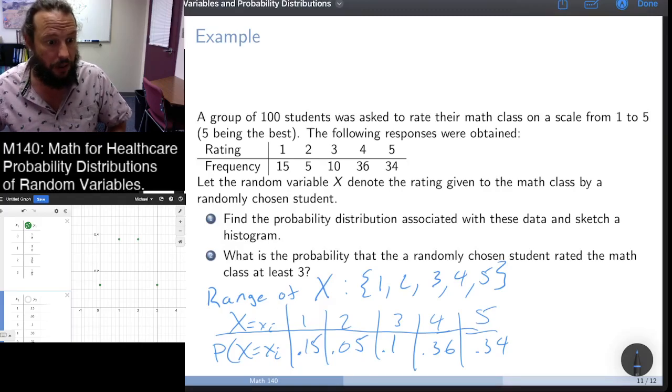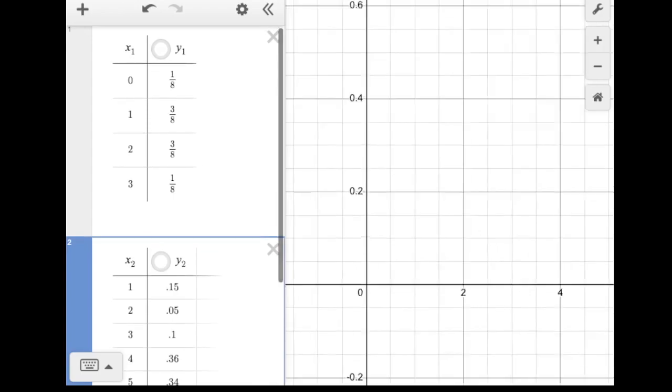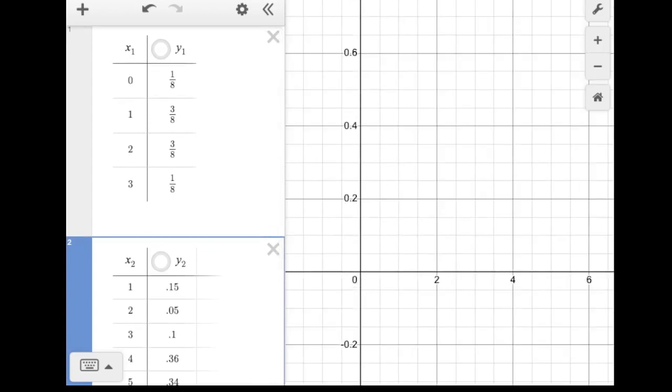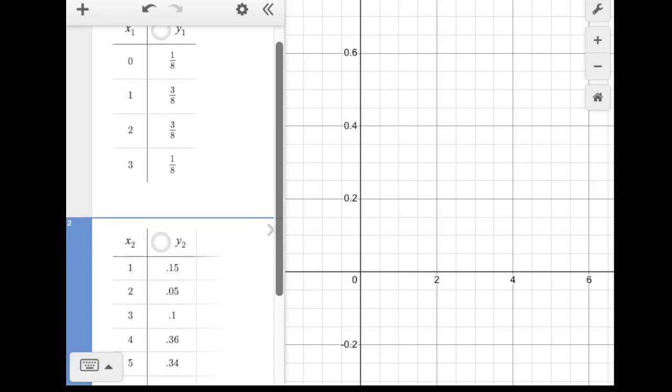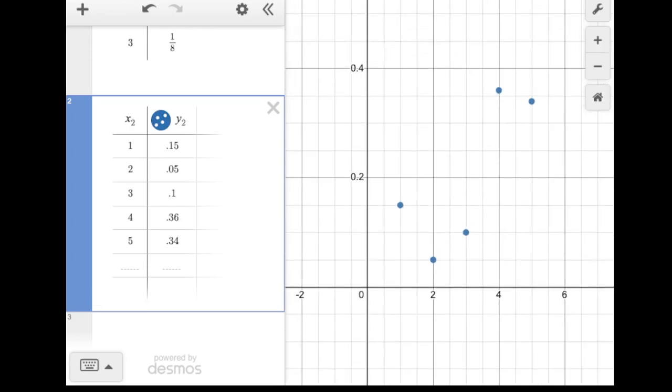How can we look at it? We could look in Desmos. Let's get rid of the ones that we had for this problem. Notice I just put in our probabilities for the appropriate values of x, and you may want to use this too. Now this one looks a little bit different, right?